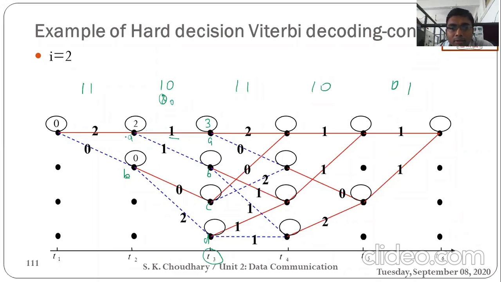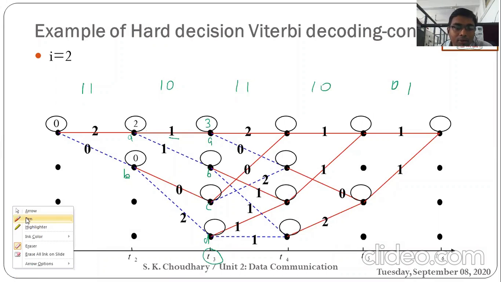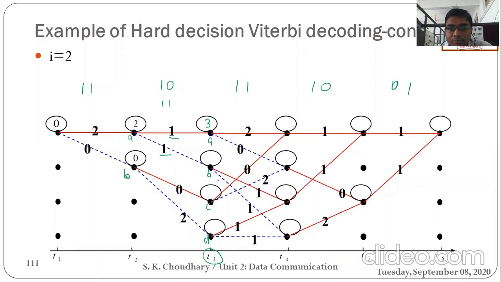Now when you receive the input 1, represented by the blue dashed line, the output is 1 1. Comparing this 1 1 with the 1 0, the Hamming distance is again 1. So you would enter the B state.